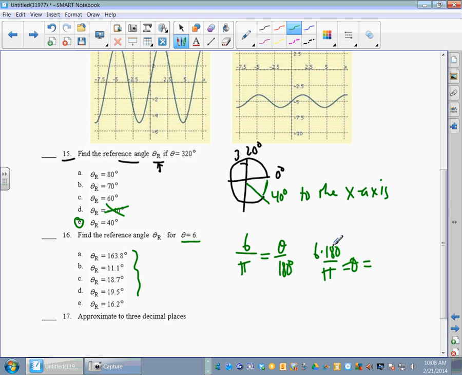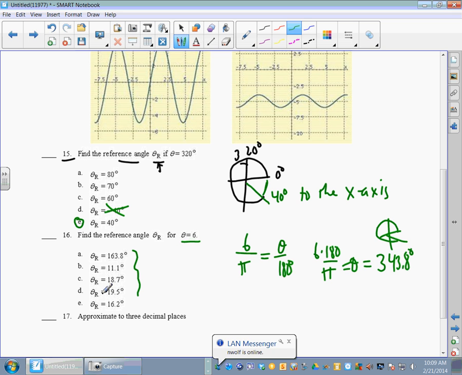You have a calculator? There's expectations if you sit there. So what do you get for the 3? No, you don't. 6 times 180 divided by pi? 343.8? All right.